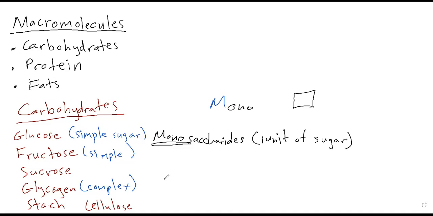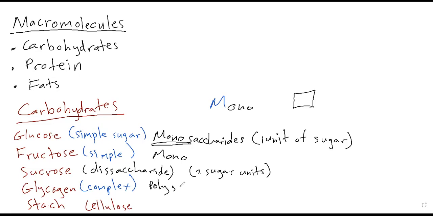Fructose is also a monosaccharide. Sucrose is a disaccharide. With this one, it has two sugar units. And glycogen is a polysaccharide.